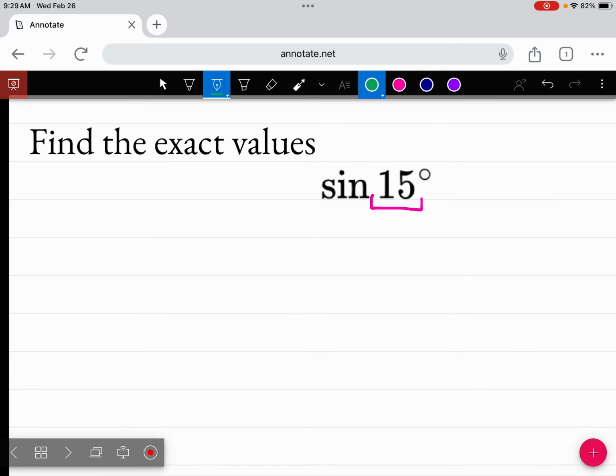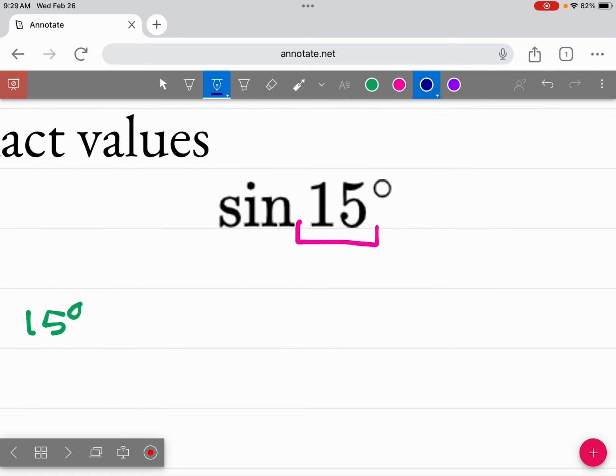If I write 45 degrees minus 30 degrees, that's the same thing as 15, right? So if I write this as sine of 45 degrees minus 30 degrees, I didn't change what we're being asked here.